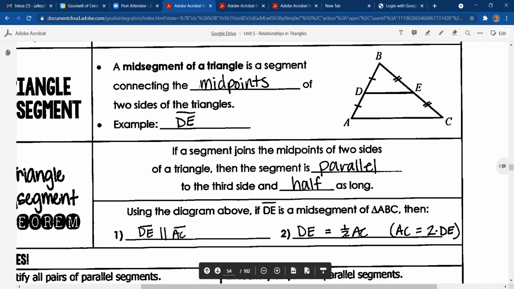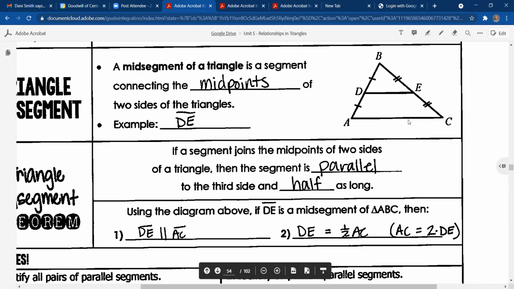Can everybody see this filled in version here? I switched from the blank one to the filled in version. So this mid-segment line creates a parallel relationship with the opposite side. That base AC is going to be parallel to DE.